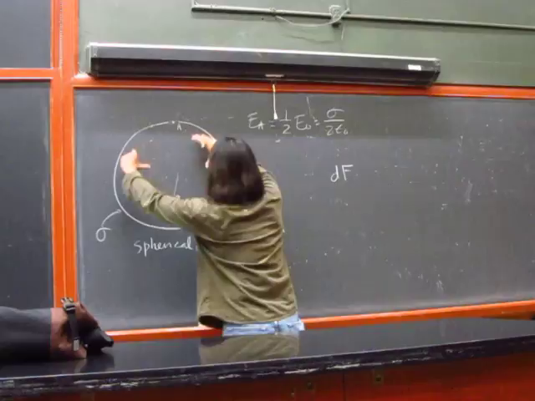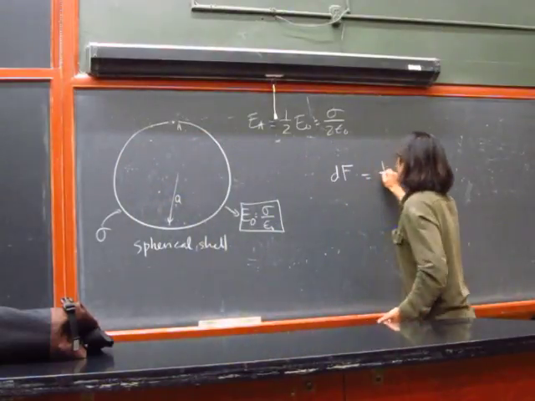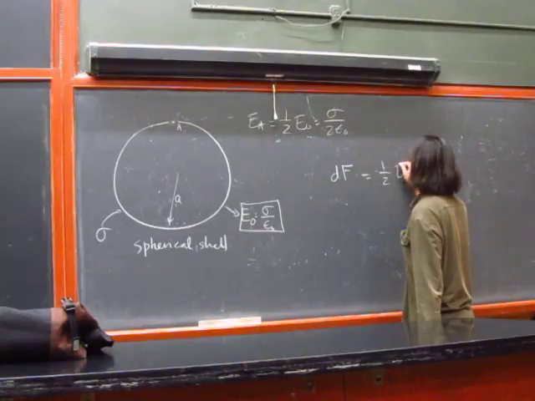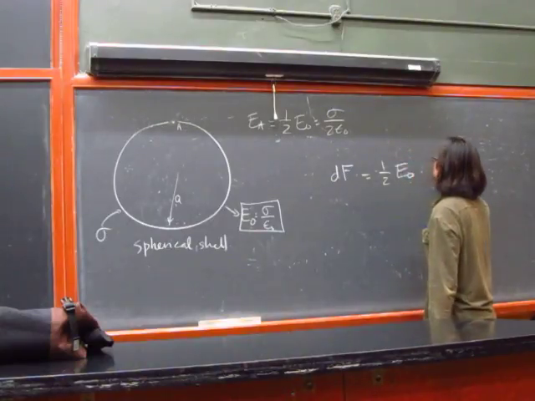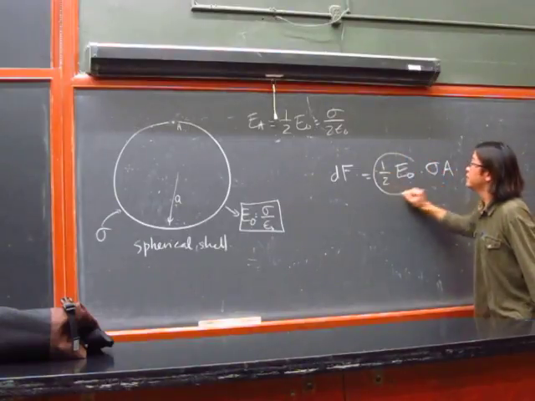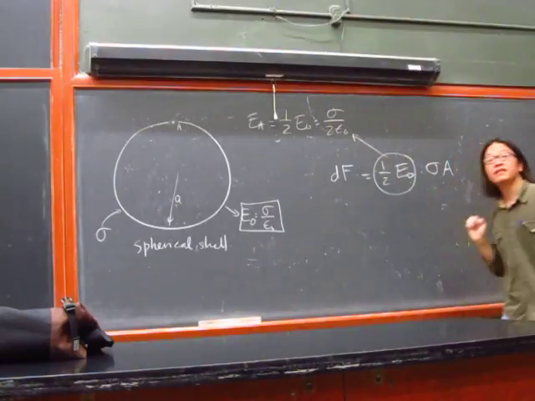That is actually given by half of the electric field, half of E naught and sigma. This actually comes from that.